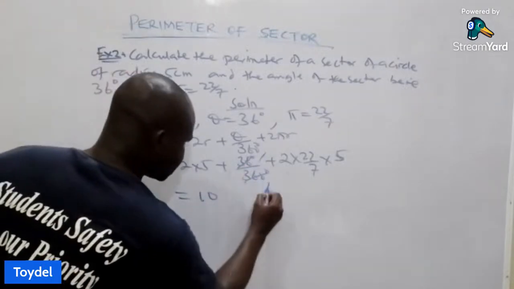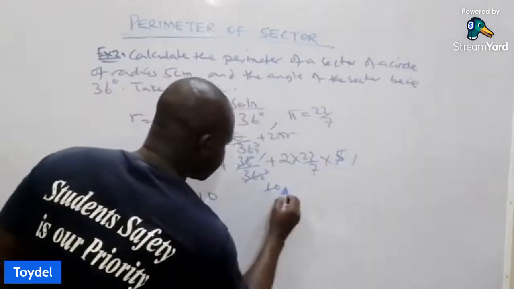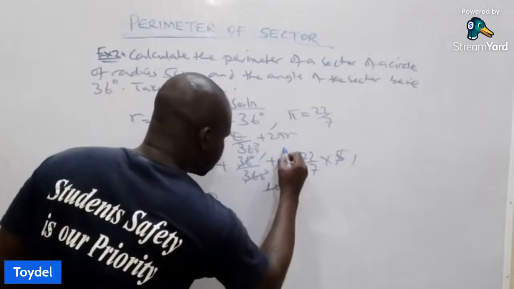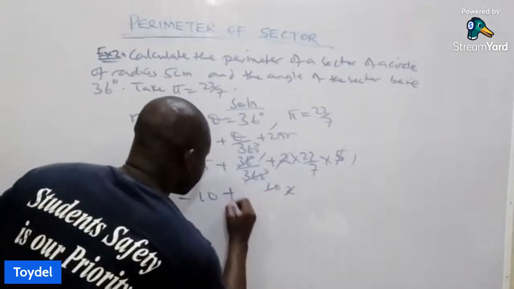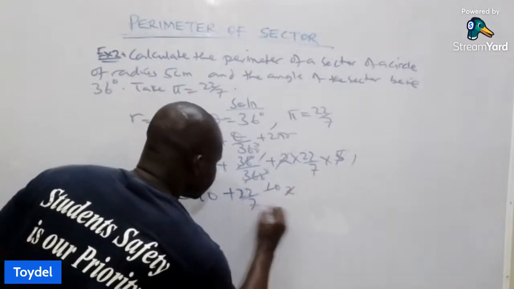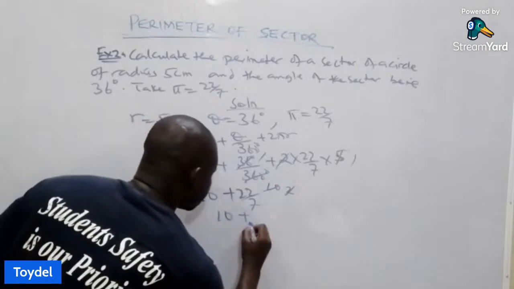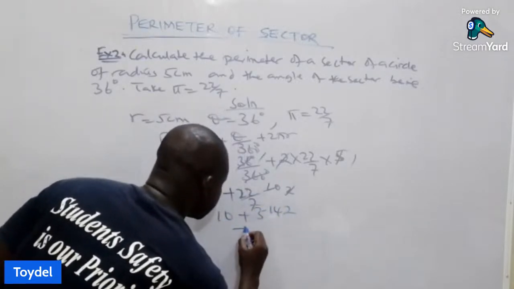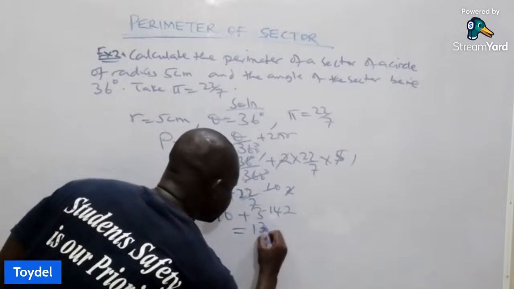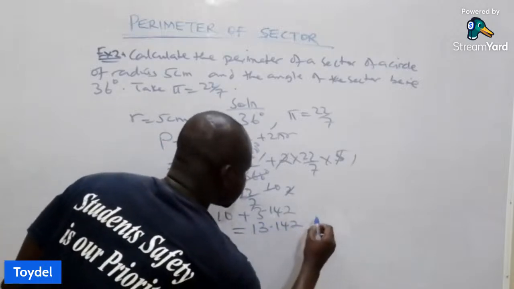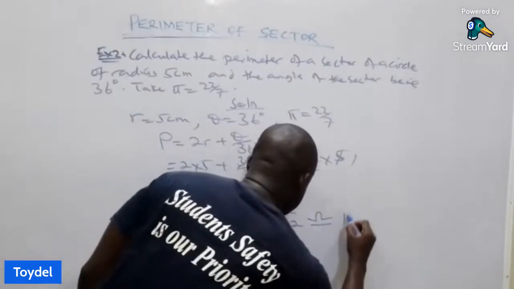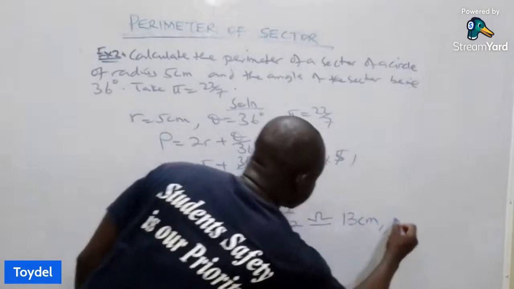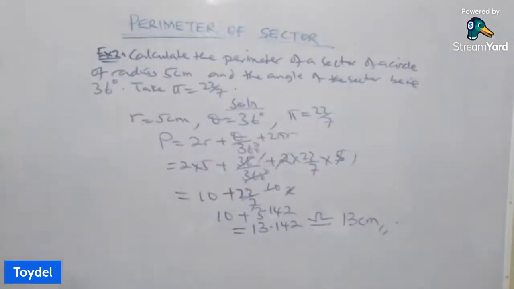Cancelling, we have 10 plus 22/7, which is 3.142. So the perimeter of the sector is equal to 13.142, which is approximately 13 centimeters.